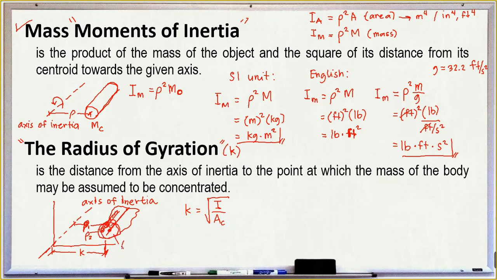The moment here, I, is denoted with subscript A so that you do not get confused with the mass moment of inertia. So I sub A means the second moment of area, or the moment of inertia with respect to the area. And that area is the cross-sectional area of our composite body.